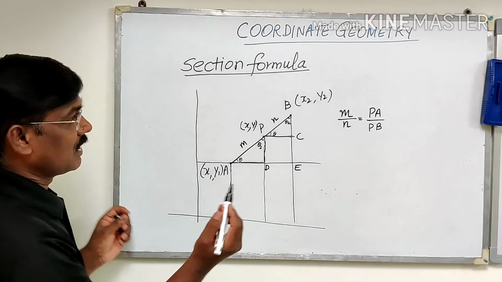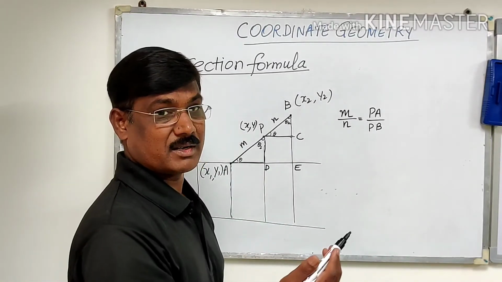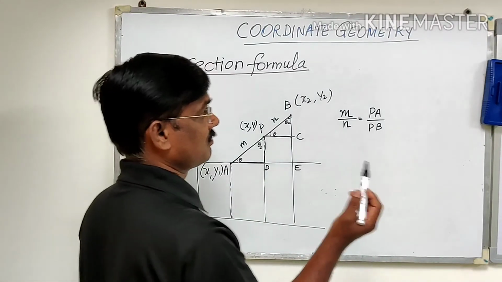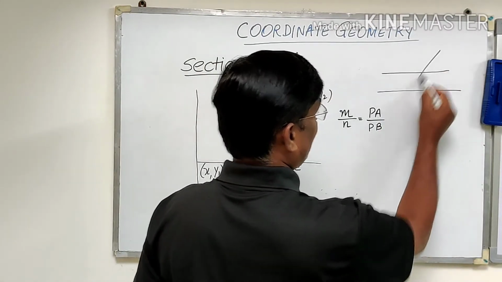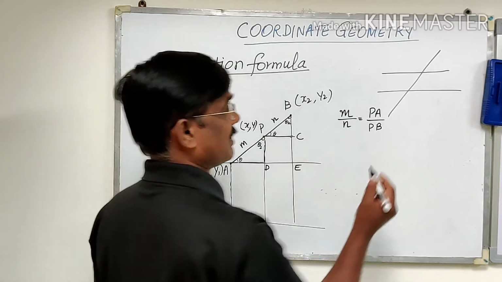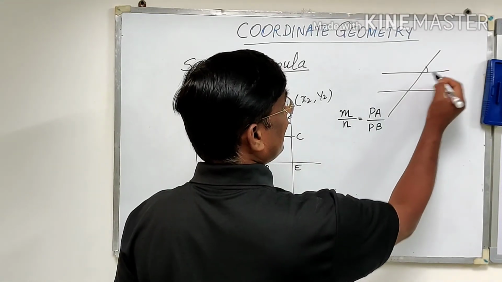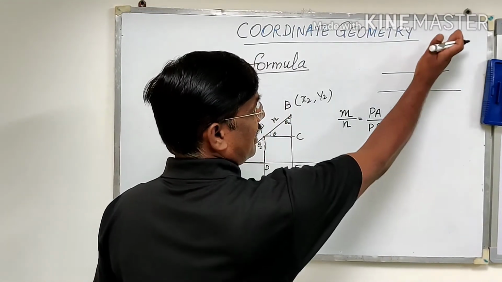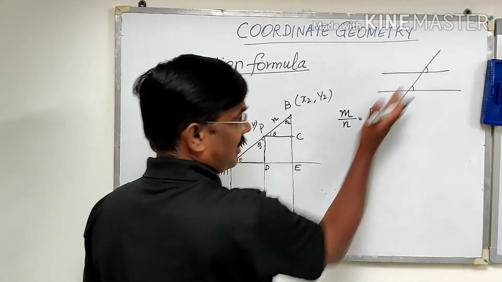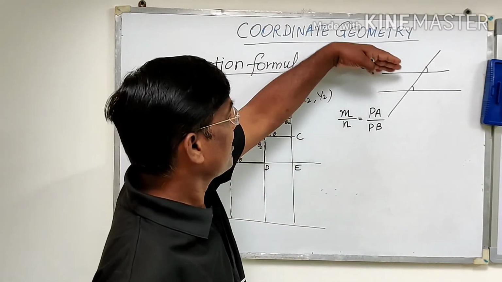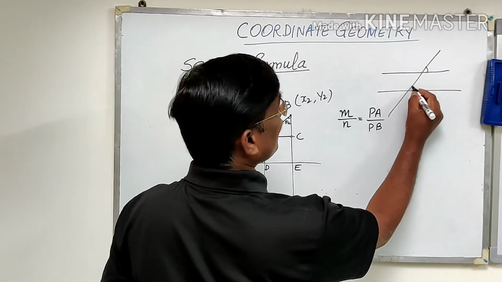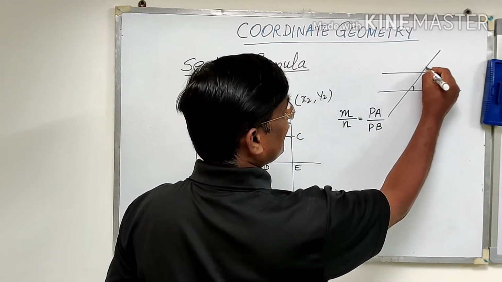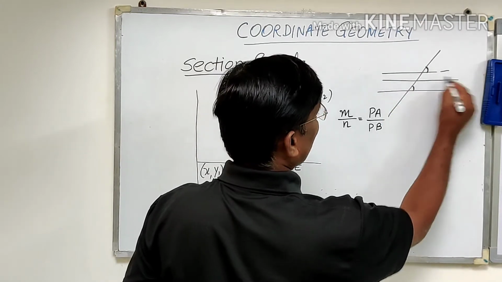Because in lower classes, maybe in 7th or 8th standard, you might have studied parallel lines and transversal. This angle is equal to this angle because these two are parallel lines and it is a transversal. So whatever angle it makes here, it makes on all parallel lines.